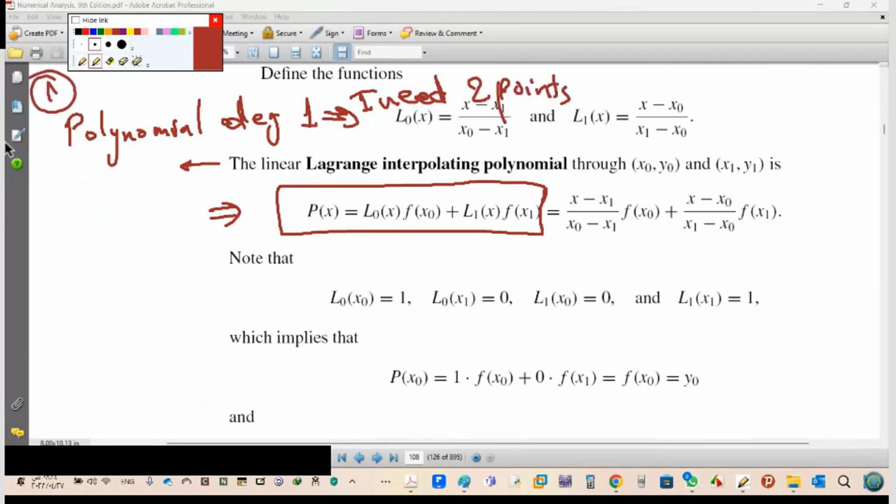This is the first point, and this is the second point, so we need 2 points because the degree is number 1.